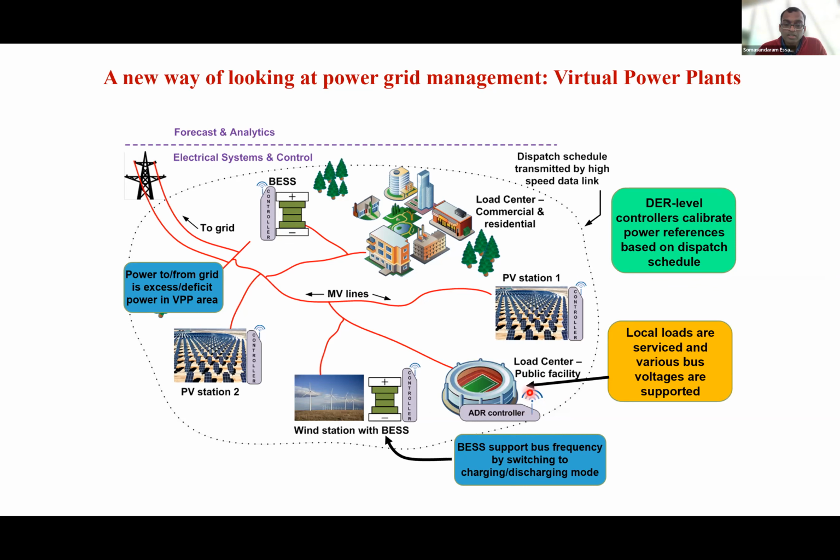Right. One other thing that we have here is this ADR controller. ADR stands for automated demand response system. It is able to regulate or turn off, if you will, power that is being consumed at a certain location, typically a large industrial customer or a large center like this public facility.